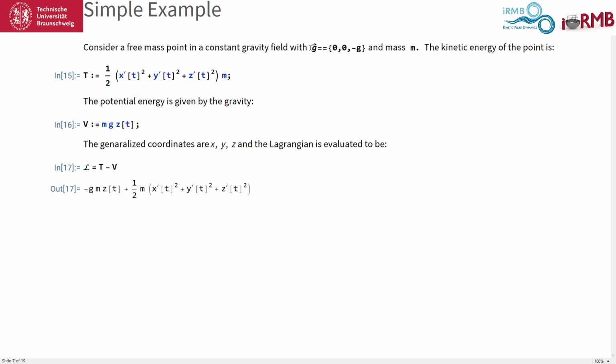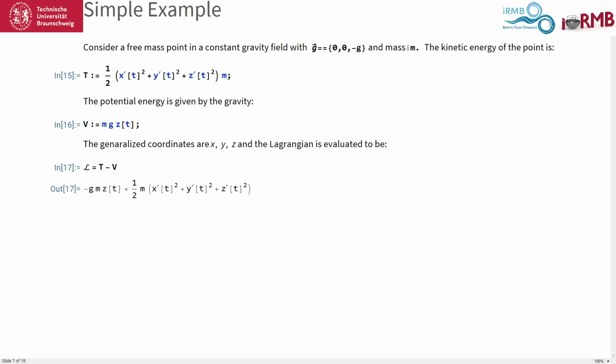Say we have one free mass point, so there is 1 degree of freedom, in a gravitational field. Say we have a gravitation that is 0, 0, minus g, so in z direction, and there acts a gravitational force, and there is a particle with mass m. Now we have to describe its potential and its kinetic energy.